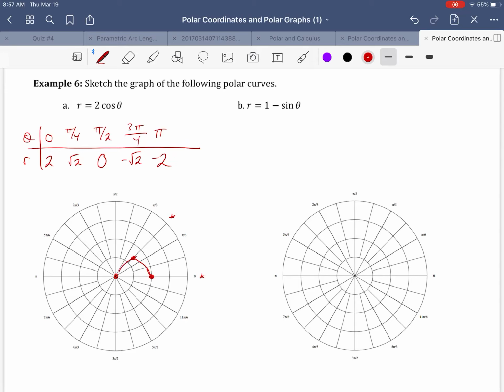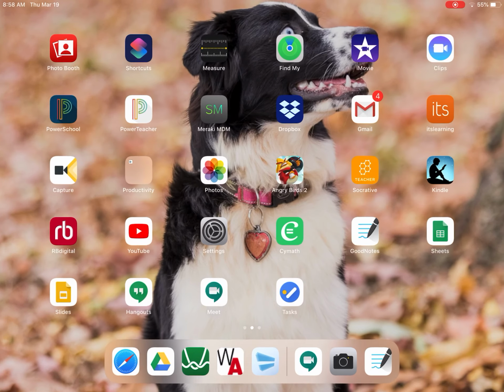So this thing is kind of swooping around. If I face 3 pi over 4, that's over here, I go backwards root 2. And then if I face pi, I go backwards 2. So back where I started. So what seems to have happened is it has gone around, and it looks like a circle.